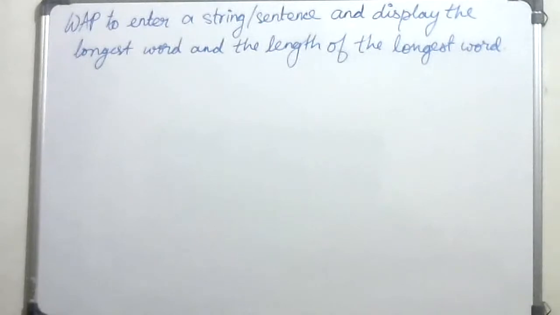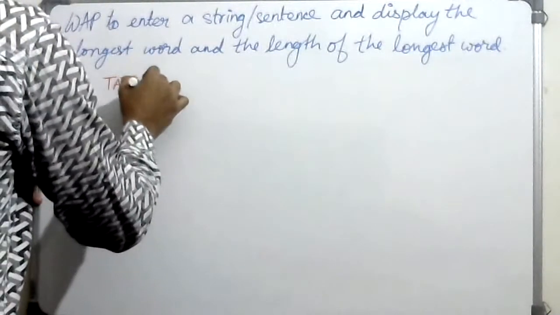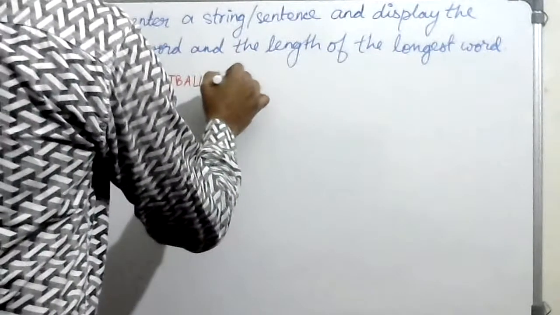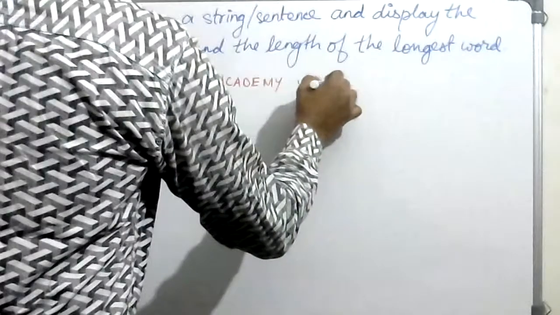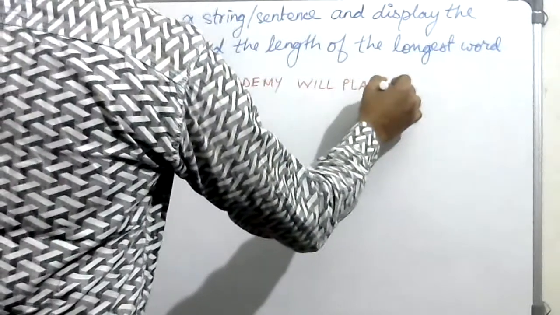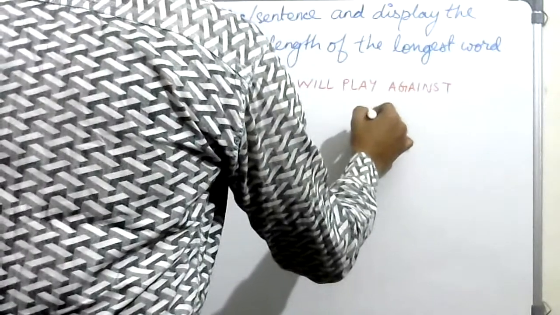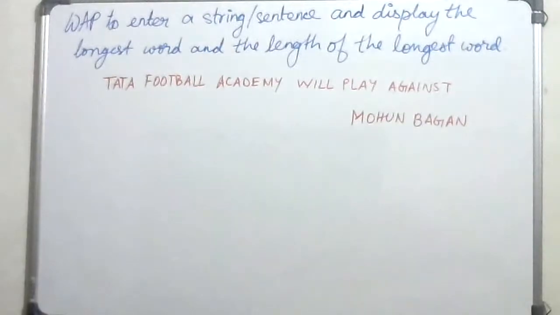So let's say I have a sentence. So this is my sentence: Tata Football Academy will play against Mohun Bagan.